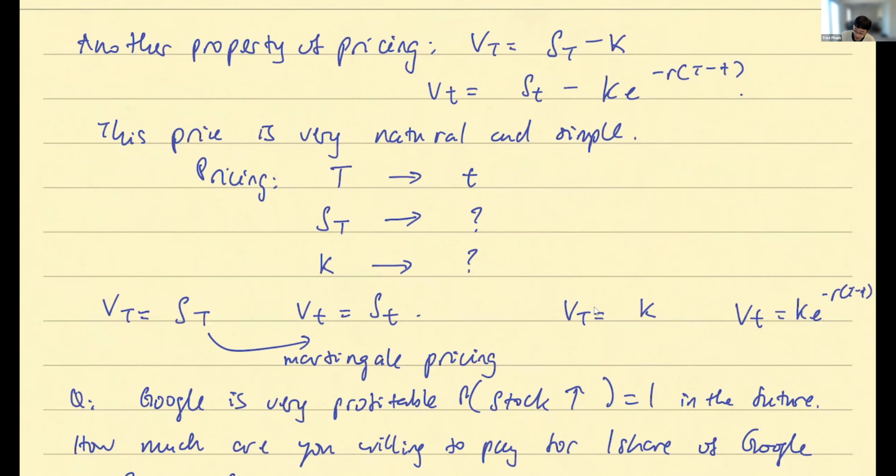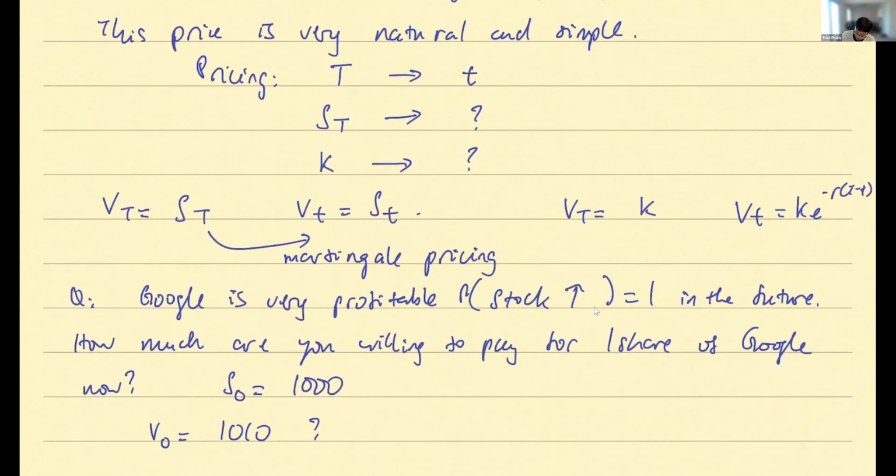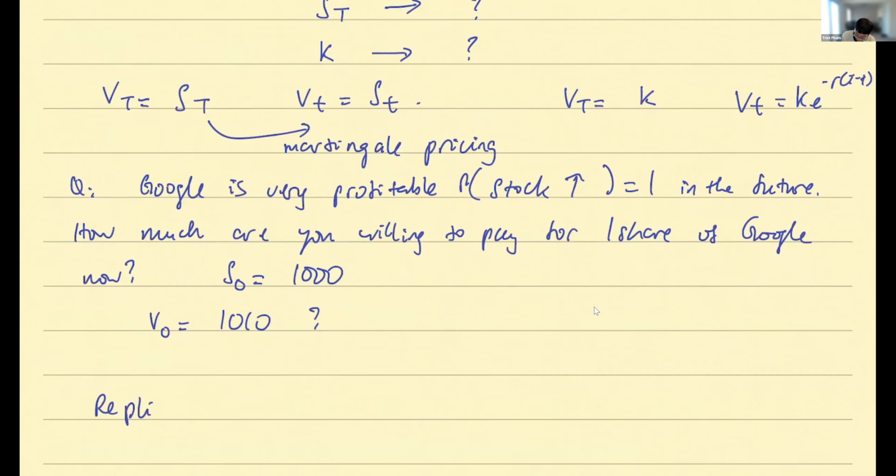By the way, that idea is exactly the idea of replication as well. In other words, I replicate the forward contract by some position on the stock and some position on the bond. It should be very natural that if you do replication like that, the idea of replication pricing is like this.